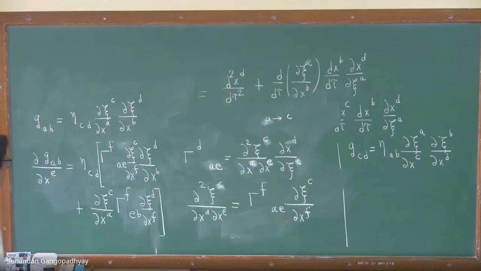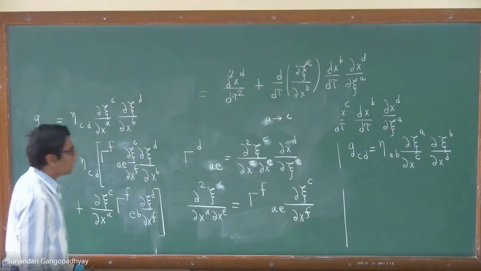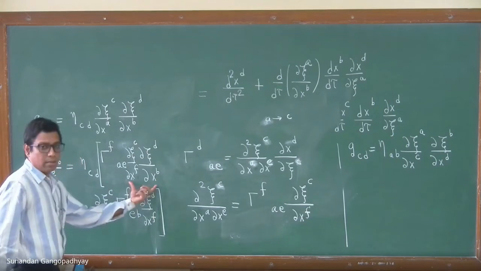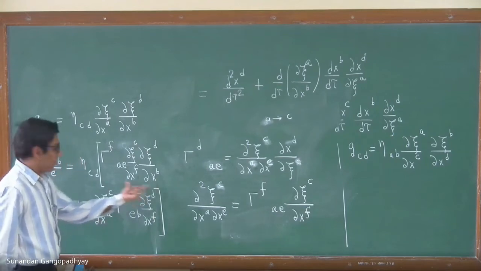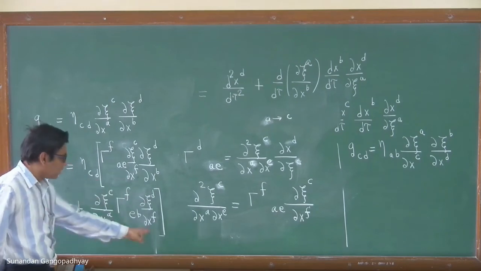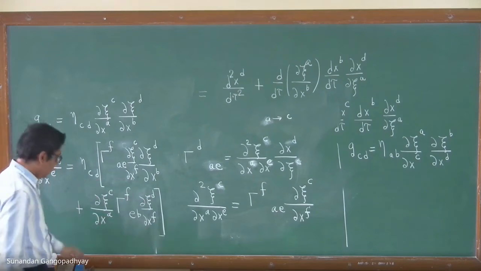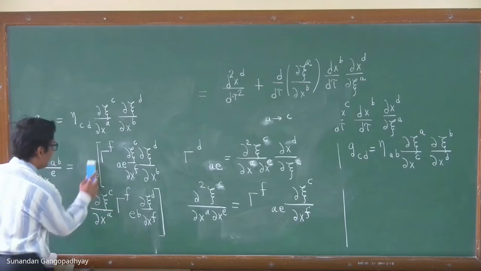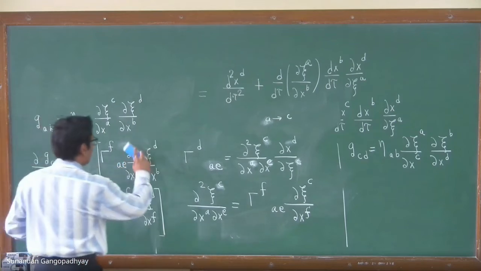Okay. So now you can see these two terms multiplied by eta CD, and similarly this and this term multiplied by eta CD. You can remove this eta CD.